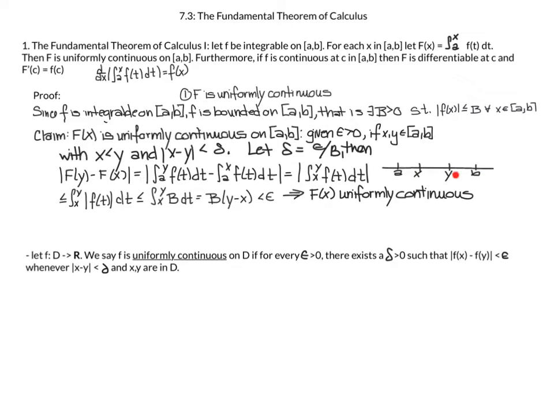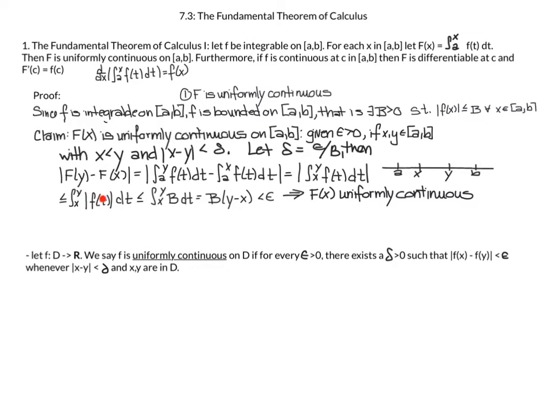Looking at my drawing, I'm integrating from a to y and also from a to x, and I'm subtracting the integral from a to x from the integral from a to y. So that's equal to the integral from x to y of f of t dt. I still have the absolute values, but I can move them inside onto f of t, which gives a less than or equal to.